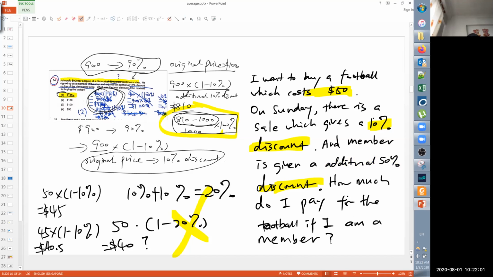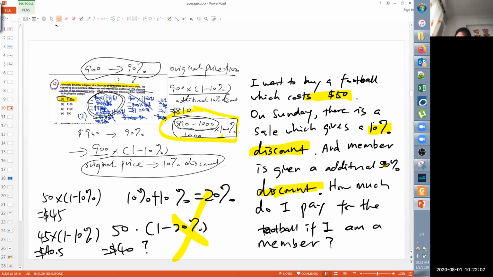On the surface, if you have an additional 50%, it looks like you have a total of 60% discount, which is not true. So don't ever make this mistake. Don't do it this way. This is not the right way to do. Just do it step by step. And you realize you actually pay more. You don't get a 60% discount. All right.